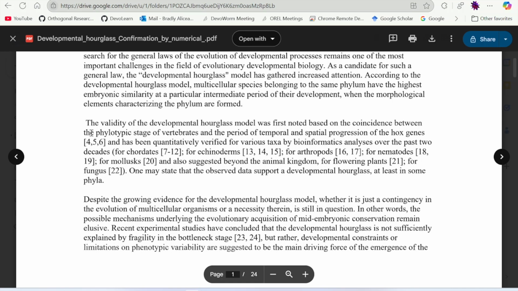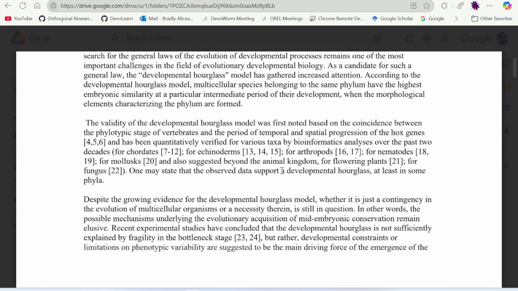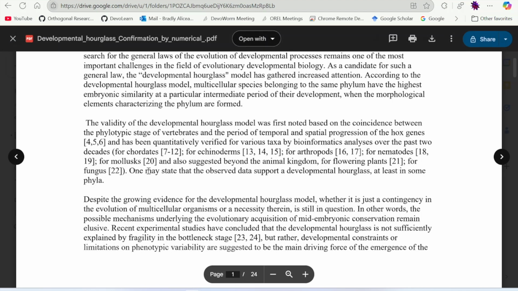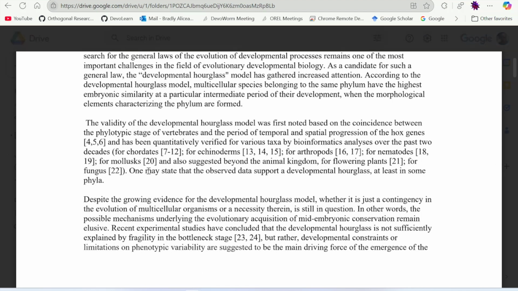So you see this across development and across the tree of life, in different parts of different taxonomic groups, and there are all these reviews on this. One may state that the observed data support a developmental hourglass, at least in some phyla. So there's variation in the interpretation of the data.